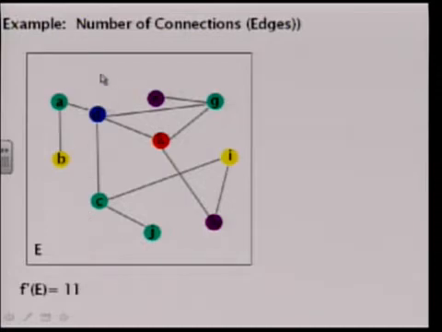In a particular graphical model, you can count the number of connections or edges. In this case, if I count, this is 2, 4, 6, 8, 10, 11. So counting the whole graph, the number of edges for all these nodes equals 11.